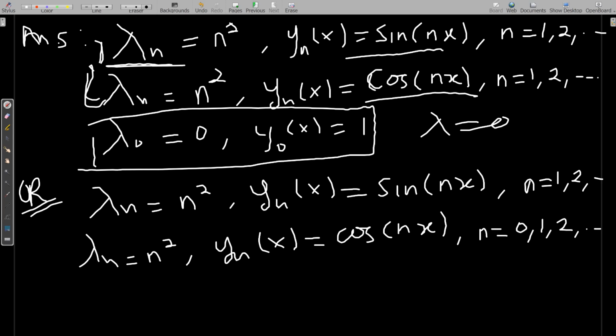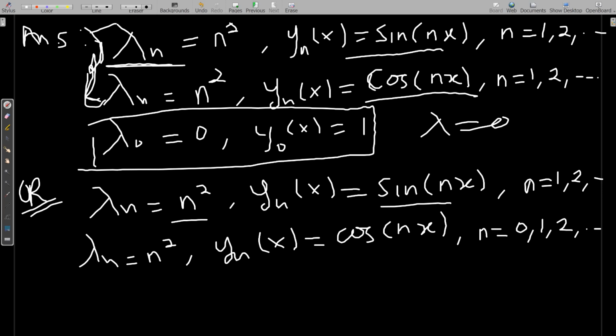But you can merge these two and say that the whole of this is case 1. They will give you n squared, and sine and then cos. But case 2 has lambda equals 0 and then y not equal to 1. But you can make that one with a cos, because the cos of 0 is 1.